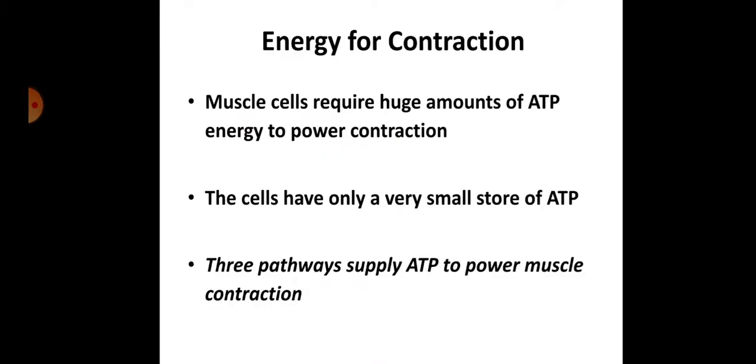Now, where does the energy for contraction come from? Muscle cells require huge amounts of ATP energy to power contraction. The cells have only a very small store of ATP. There are three different pathways that supply ATP to power muscle contraction.